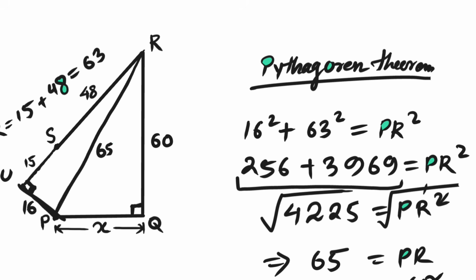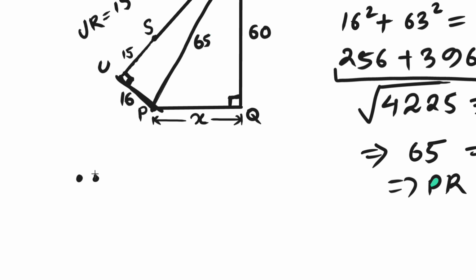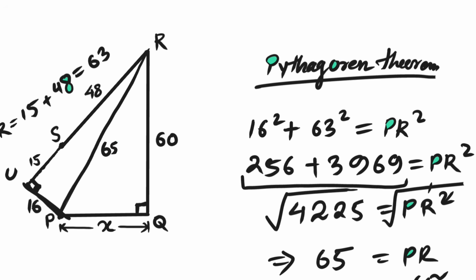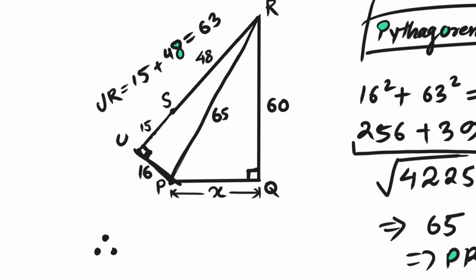Now, let's shift our attention to triangle PQR, and notice this triangle has its right angle sitting at vertex Q. So once again, we've got a right triangle, and once again, the Pythagorean theorem is exactly the tool we need.